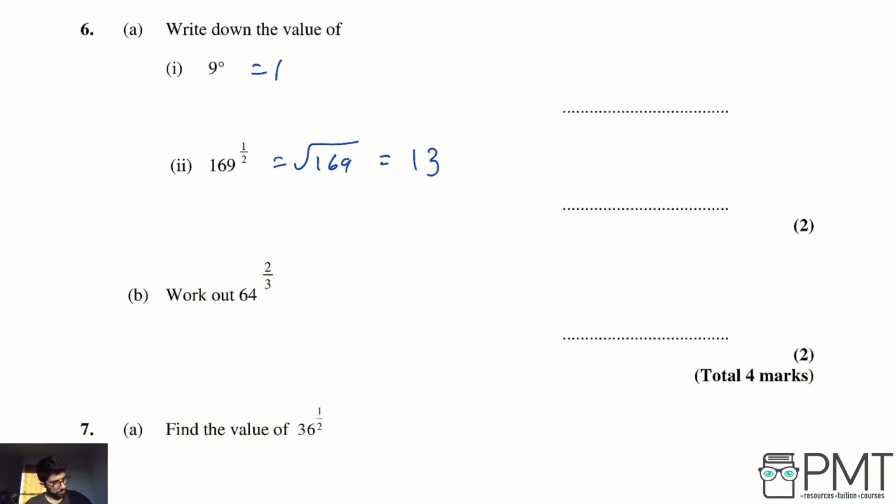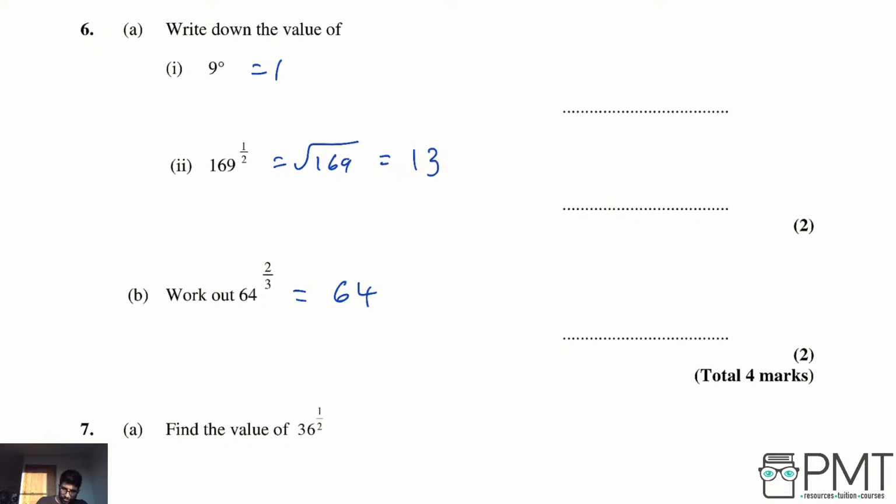What is this? Part B. Does anyone have an answer for part B? 64 to the power of 2 over 3. So this is where you should remember the rule that says power to a power, you multiply. Oh, I wrote 63. That's not really helpful, is it? This is 64.